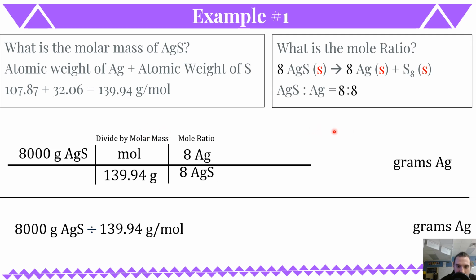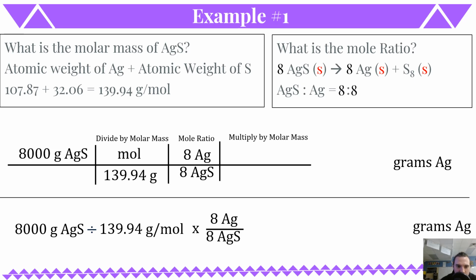Do we want that over here? No, we do not want AgS as our final unit. So this one has to go on the bottom to cancel out with this AgS over here. We do want Ag as part of our final unit, so this one has to go in the top. We have to keep this one, all right? And that one has to end up at the end over here, okay?